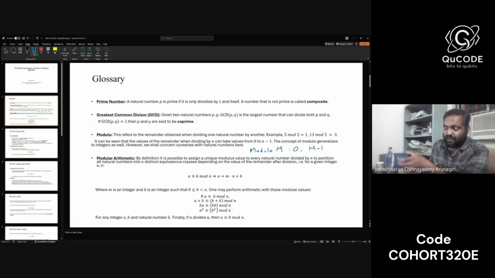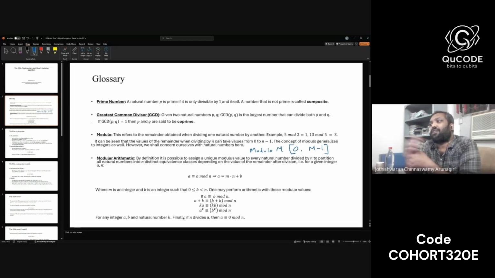So the remainder is always going to be a number in the range 0 to m minus 1, both included. So this is a closed range. And the concept of modulo, I'm defining it for natural numbers, but we can extend it to integers. And technically speaking, this whole modular relation can be extended to objects known as modules, but we are not going to talk about that.